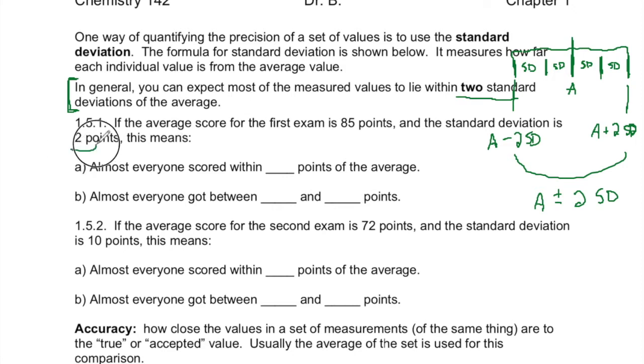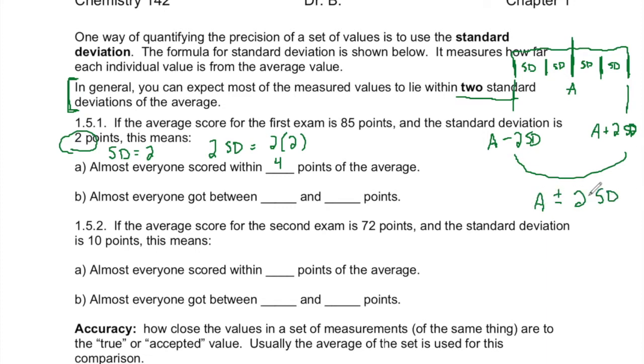So if the standard deviation is 2 points for this example, then 2 times the standard deviation is 2 times 2, which is 4 points. So for this first case, where the standard deviation is 2 points, this range is ±4 points of the average. That's a pretty tight range for a bunch of exam scores.